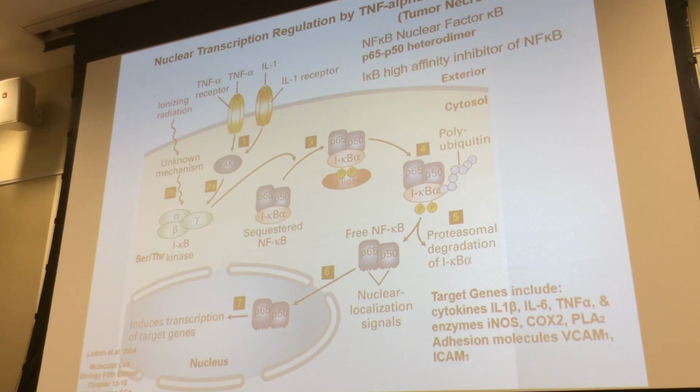Phospholipase A2, that breaks down phospholipids and releases the arachidonic acid that's usually at the 2 position of the phospholipids, so that it provides the substrates for cyclooxygenases.